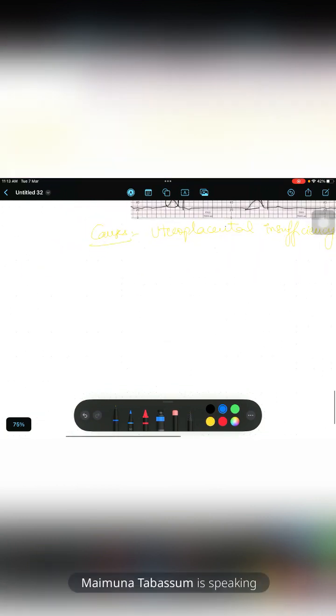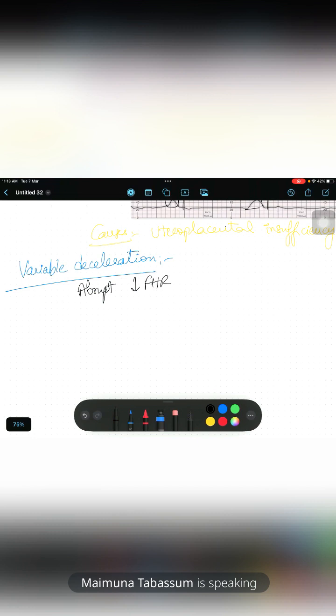The next important deceleration is the variable deceleration. It is an abrupt decrease in the fetal heart rate. It is not related to the contraction. It might occur before or after the contraction. The most common cause is cord compression.